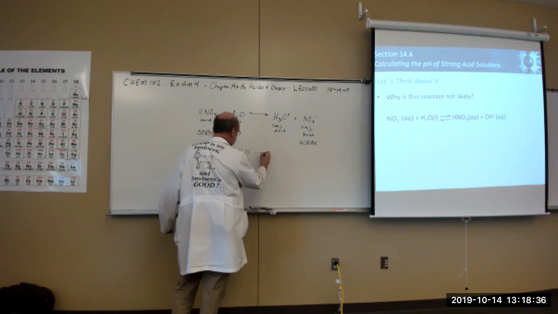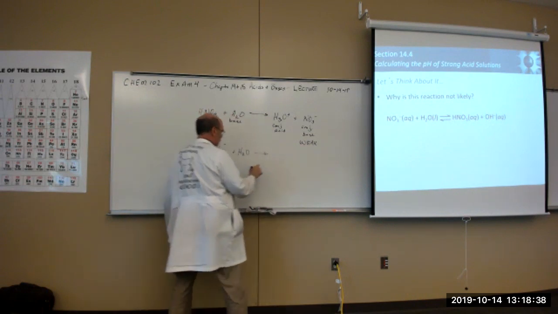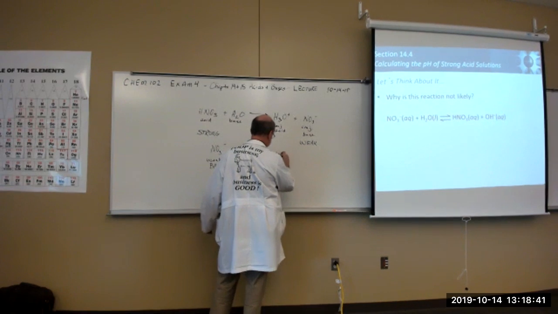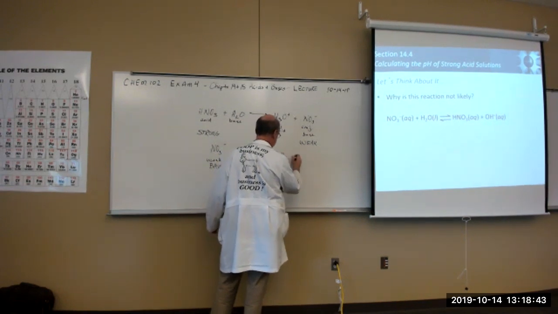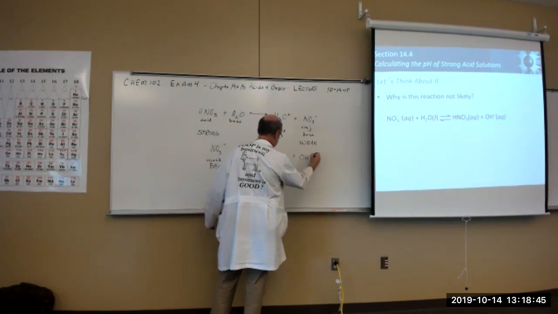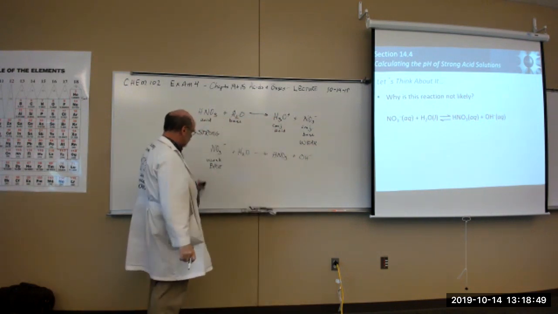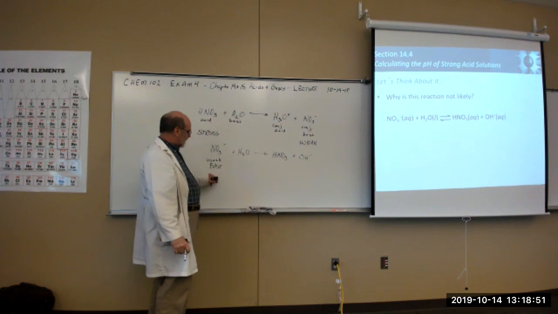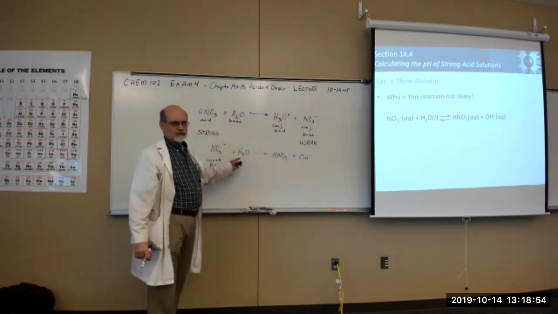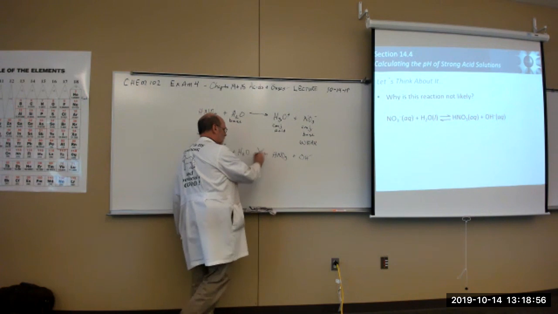Now we can say something about its potential reactions with water. If this is a weak base, then it is not going to accept a proton. That's why this reaction does not occur.